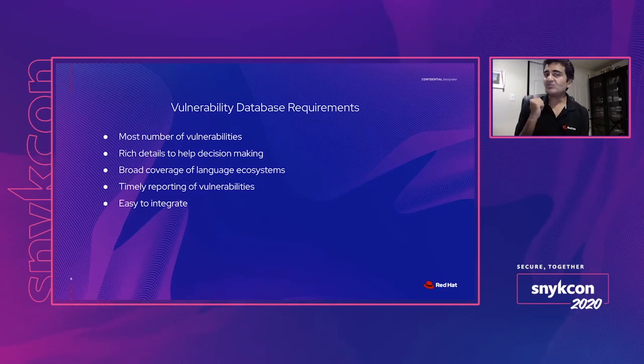It should be able to catch vulnerabilities in packages as early as possible and provide ways to easily integrate with all this information, the vulnerability data, the details about each vulnerability, the remediation paths. It should allow us to integrate very easily into all this information so that we can then take it, bring it into our hosted solution, and then offer it to all the developers that are using our IDE extension. So these were kind of the requirements that drove what kind of vulnerability database we need for Red Hat CodeReady Dependency Analytics.